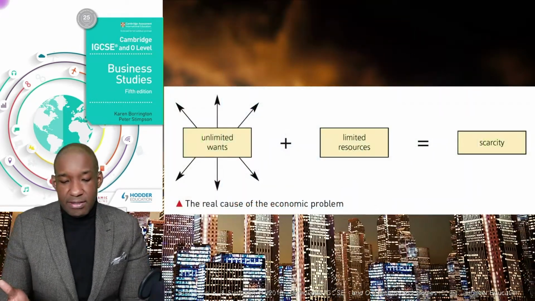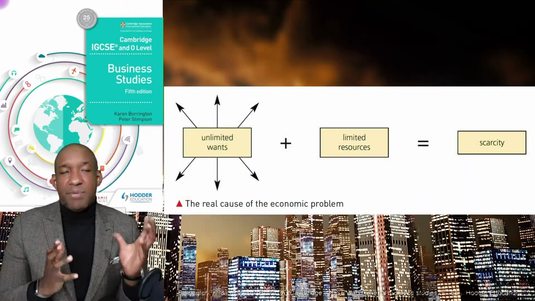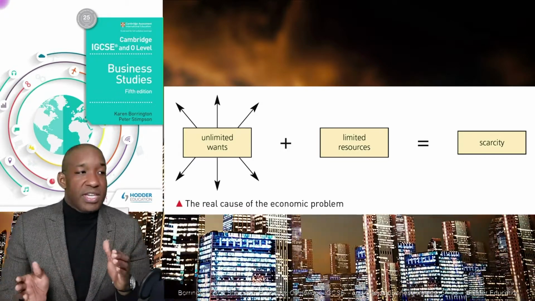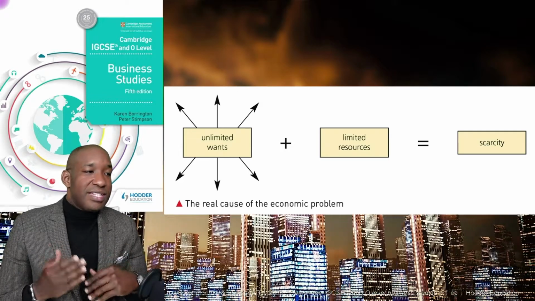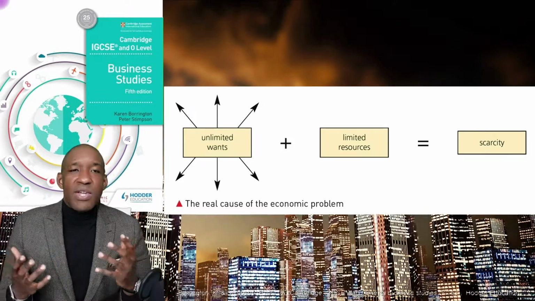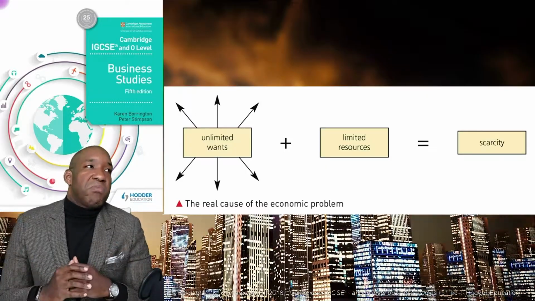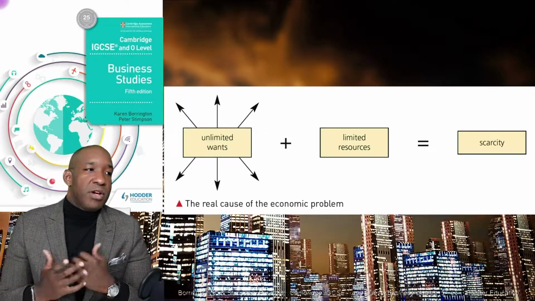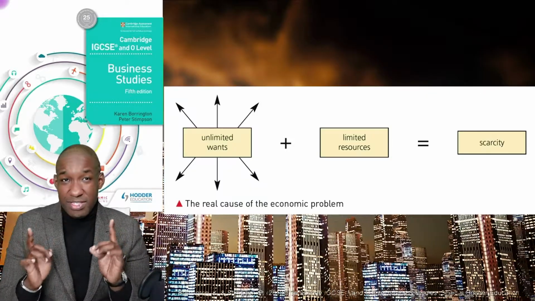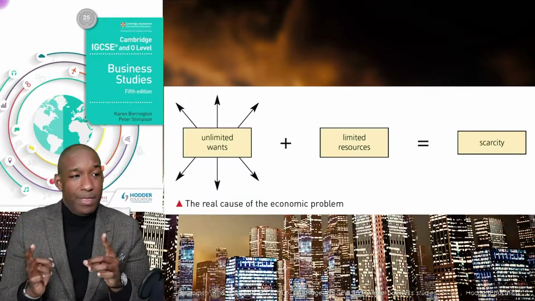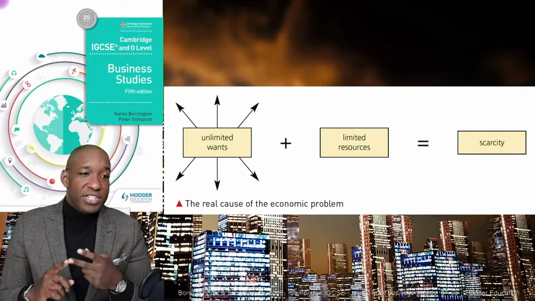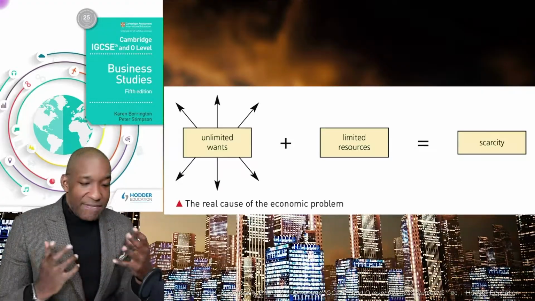And this shows it perfectly. There are unlimited wants, there are limited resources, which equals scarcity. And you don't even have to think too hard about this one. Let's say we all want our own private jets. Let's say we all have the money to buy our own private jets. There's not enough jet fuel, jet engines, metal to give every single person.